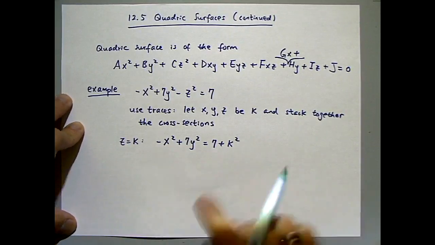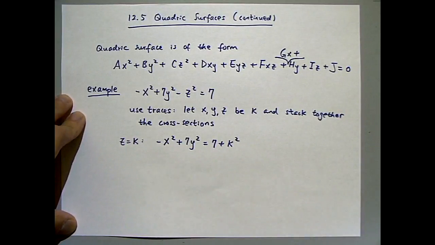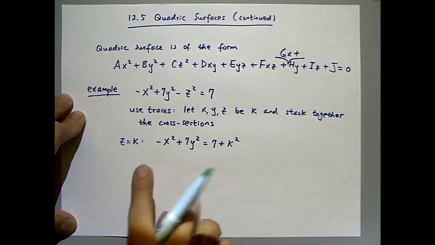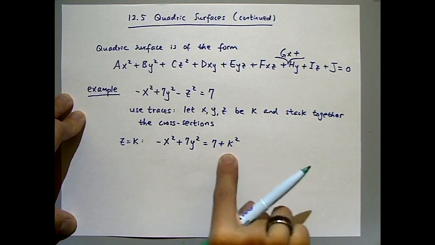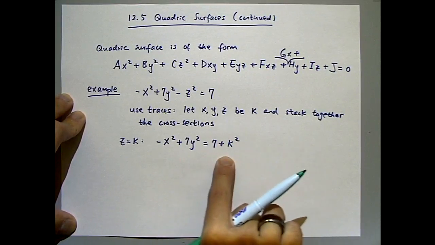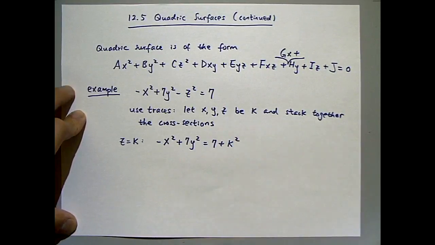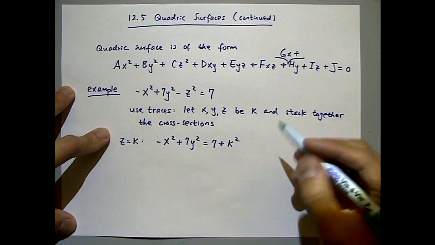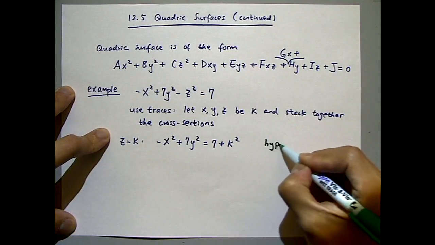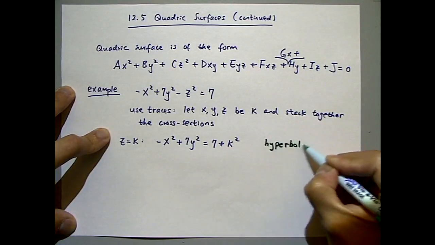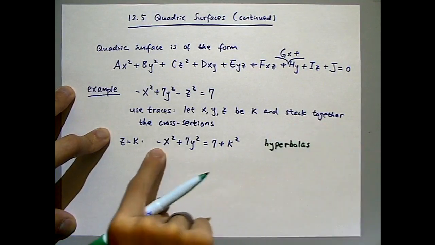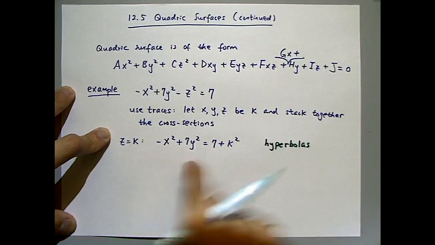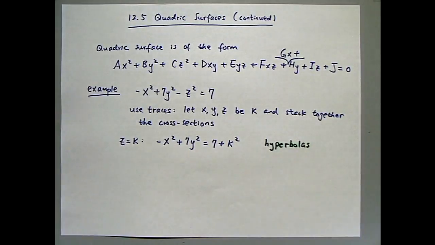Ellipse, right. What about if they're both negative? Probably an ellipse, you can just factor the minus 1 to the other side, and then you have to worry about that number. But that's a different story. For right here, we're dealing with a set of hyperbolas, right? Minus and plus. Different signs here means we have hyperbolas.